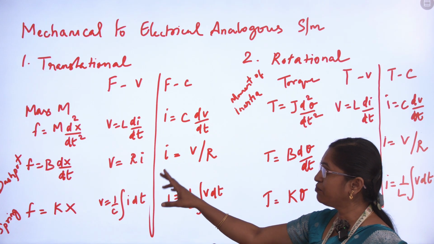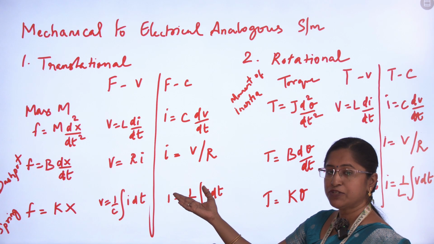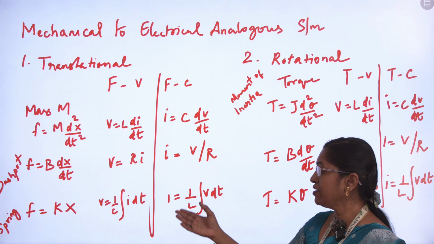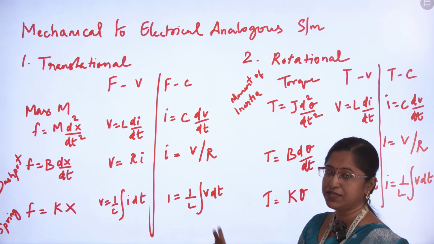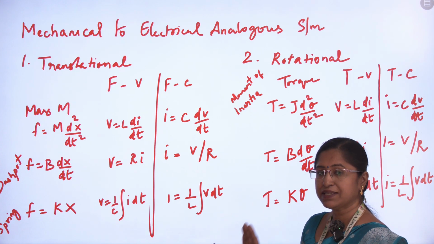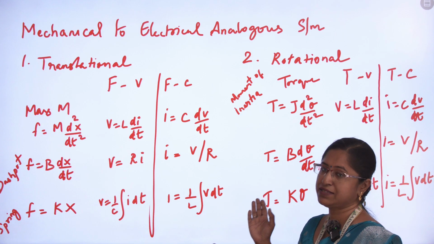Mass is indicated by M, which is related with acceleration. B is your dashpot related with velocity, and K is a spring, which has a direct relationship with displacement. All these components can be shown with an electrical analogous circuit.